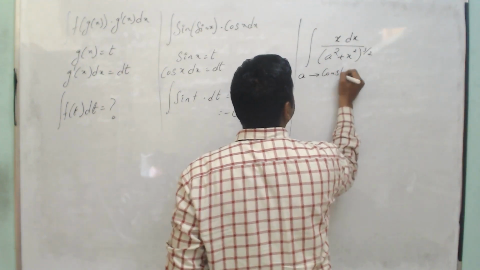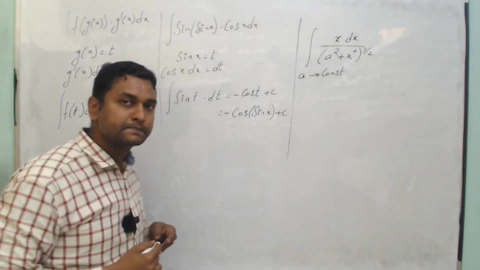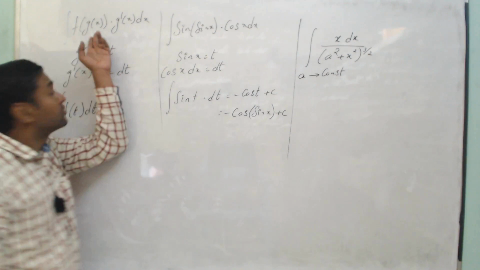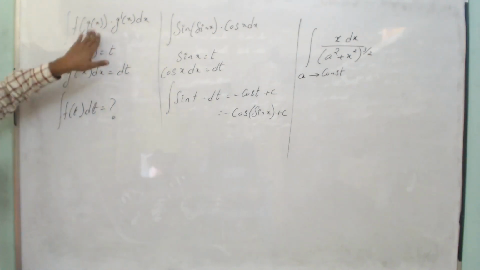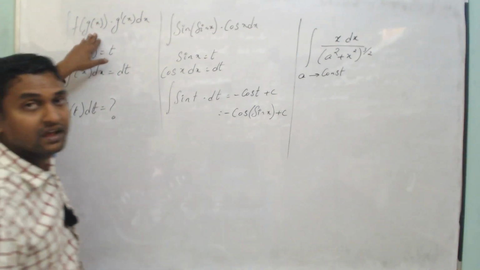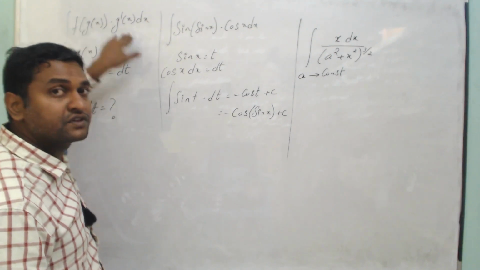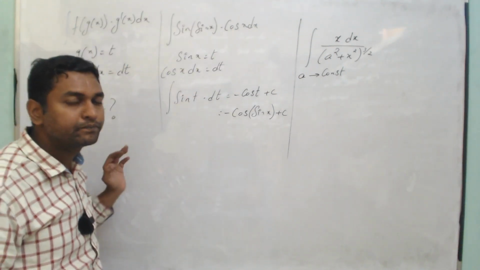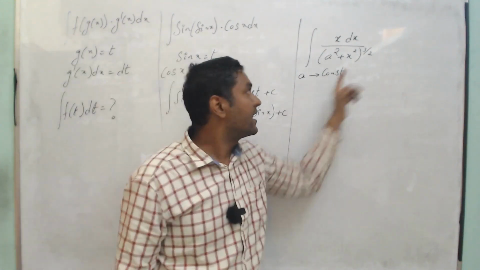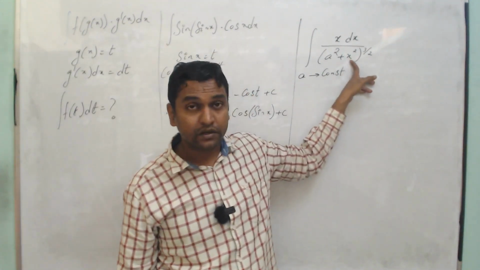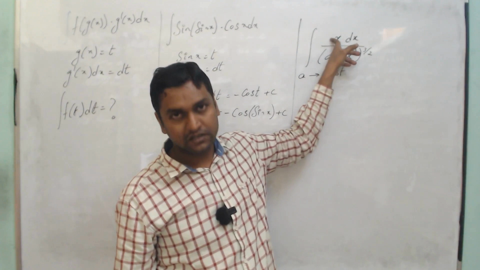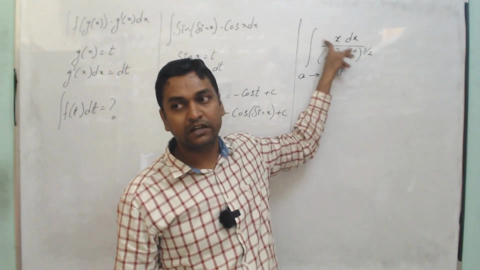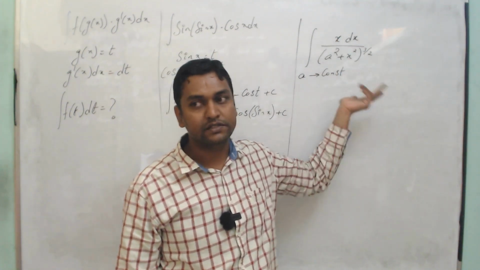I should have a function g of x such that its differential should be outside in the integral, right? I have a function x square whose differential is 2x dx, right? If I multiply a constant, I can get 2x dx.